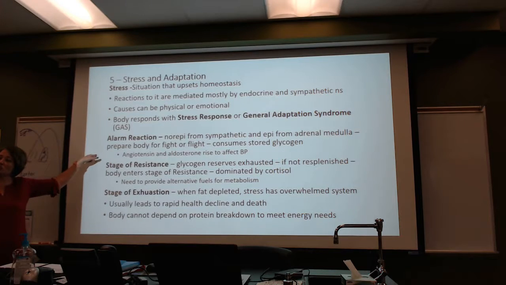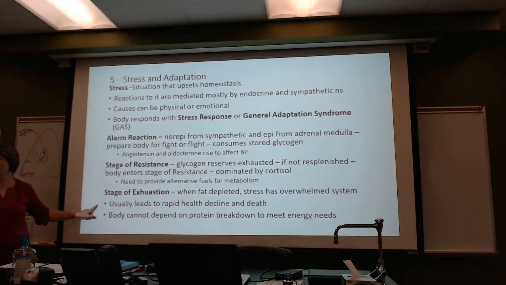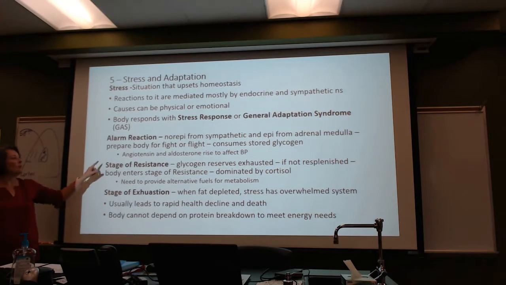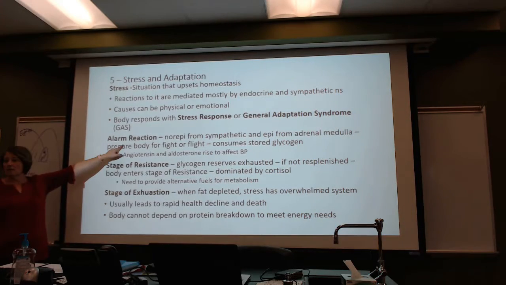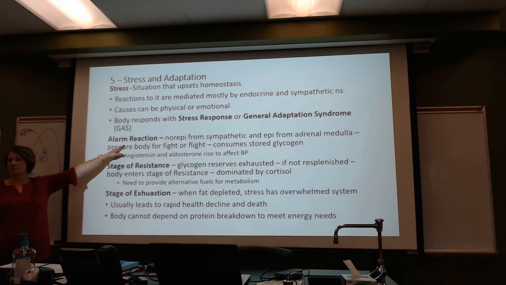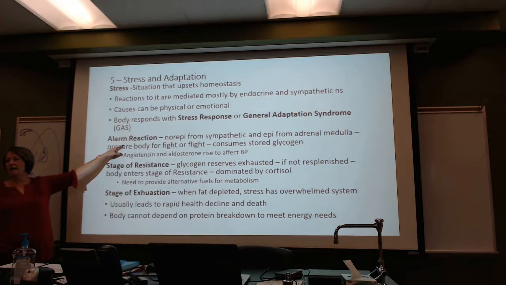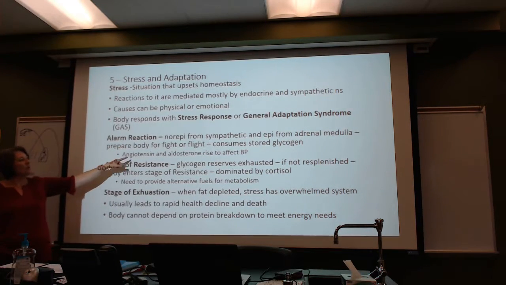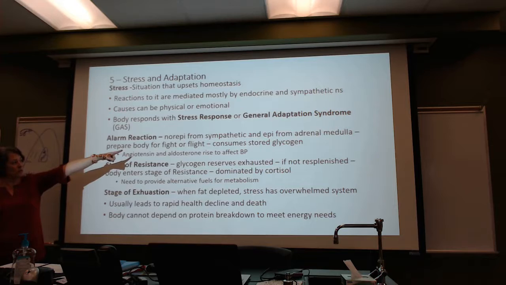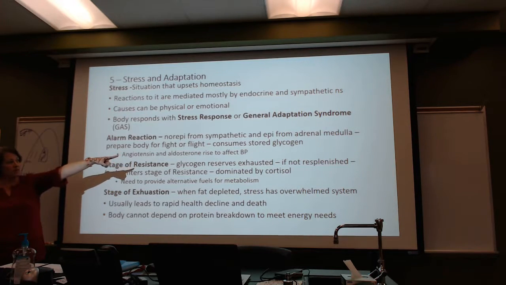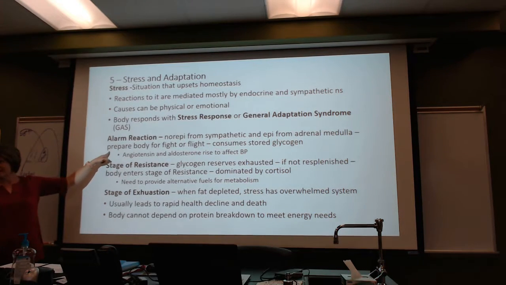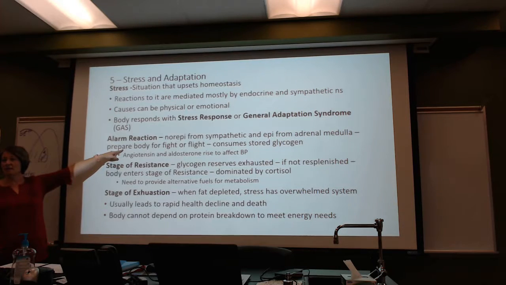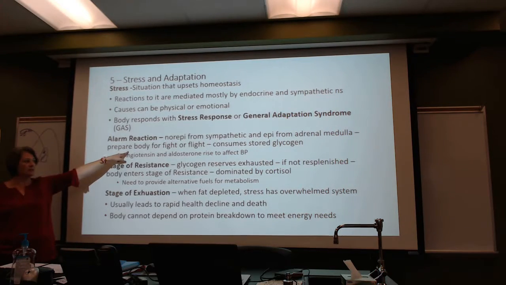Remember, extreme chronic stress, okay? First thing, alarm reaction. Whatever it was that happened is very overwhelming. It's like you're in shock, basically. Therefore, norepi from the sympathetic, epi from the adrenal medulla, it gets released. We begin for fight or flight.